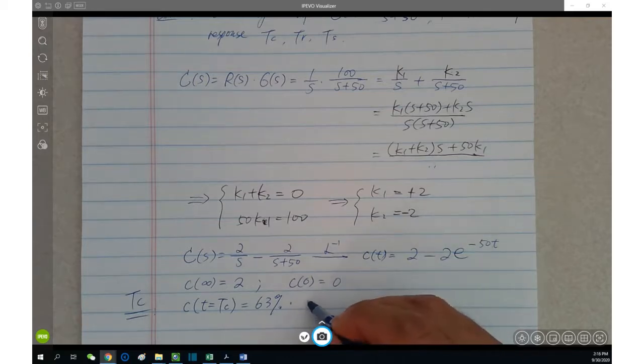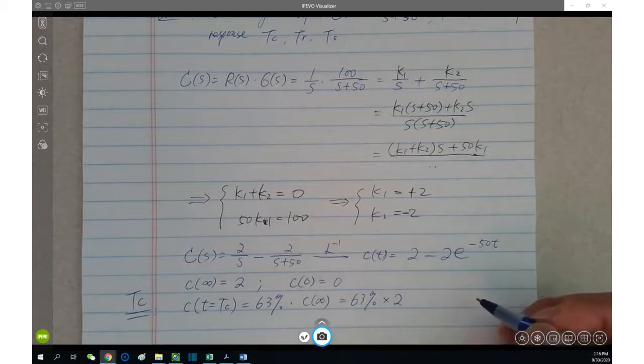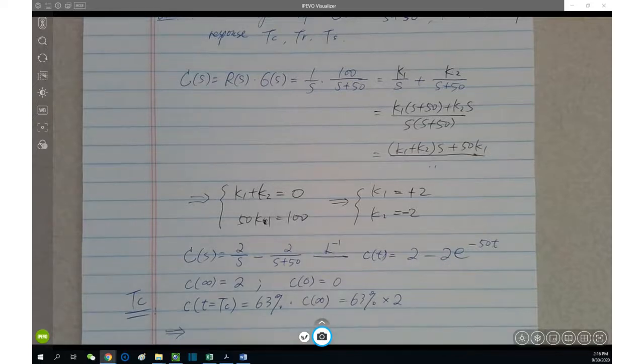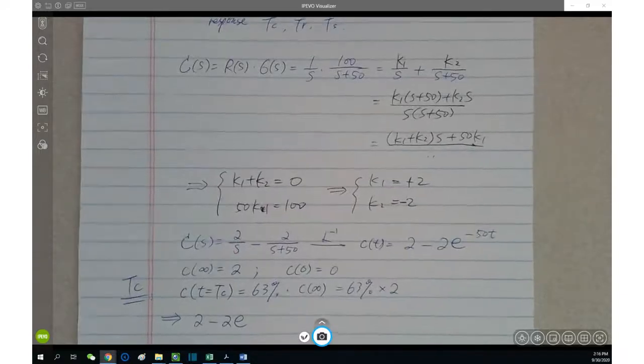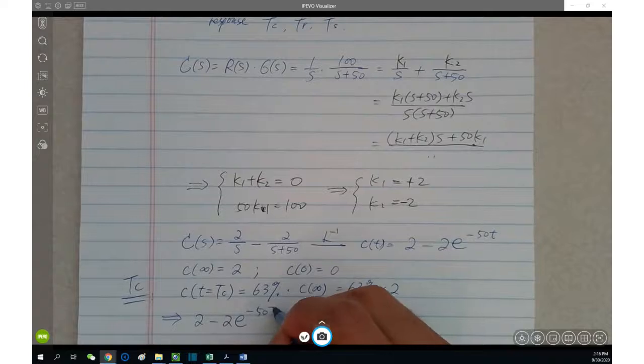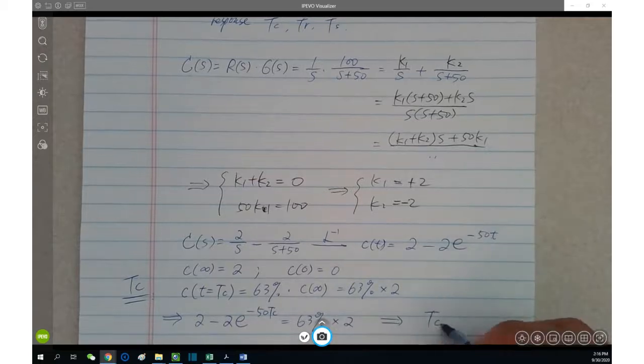So c at t equals TC is 2 minus 2 times e to the negative 50 TC, which just equals 63% times 2. From here, we got the TC value.